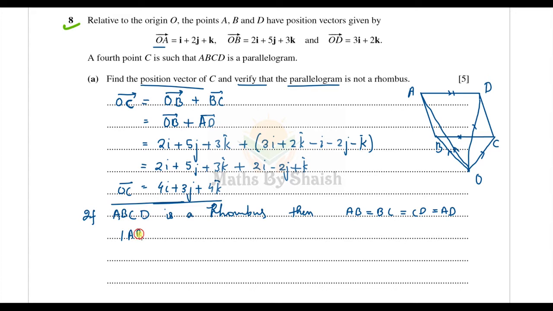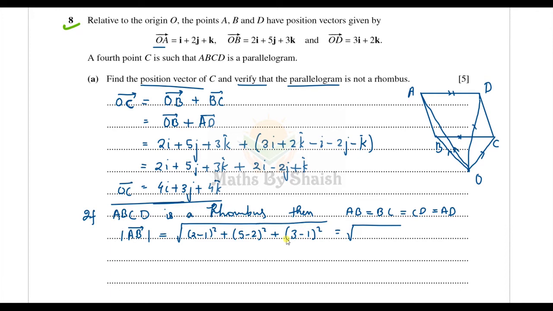So the magnitude of AB vector, and we can find it by subtracting the corresponding values of B minus A. So coefficients only: 2 minus 1 whole square plus the j coefficients, that is 5 minus 2 whole square, plus the k coefficients, 3 minus 1 whole square.